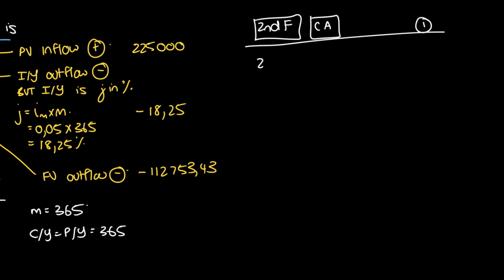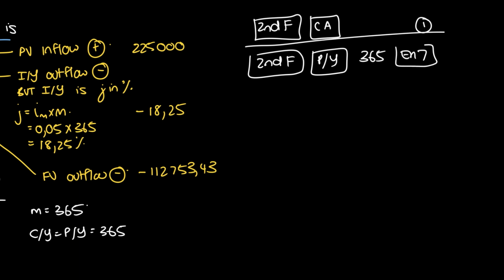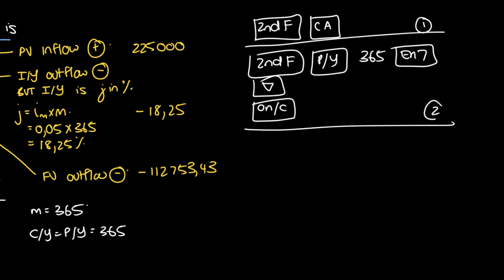So we have second function PY, 365, enter, and check, and clear our screen. That's stage 2. Stage 2 was entering our payment periods and our compounding periods. Stage 3 is putting in everything else. So that's 225,000 PV.